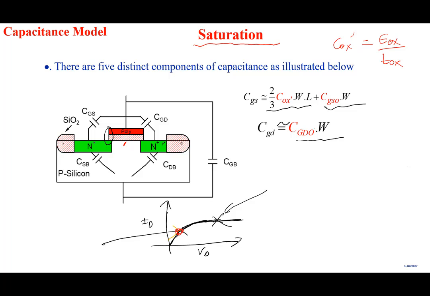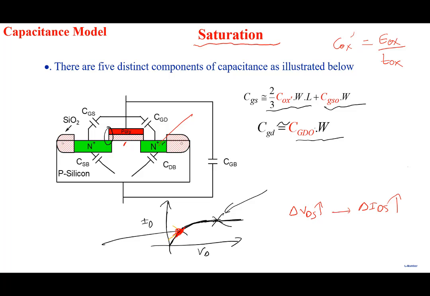So you're applying a voltage to the drain. So what is happening? Note that current is increasing, right? So if I increase delta VDS, then the current increases by a certain amount, right? So what is happening?